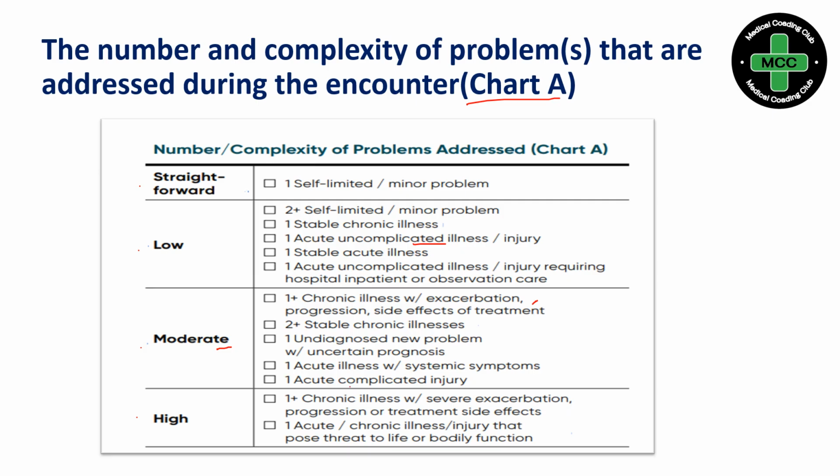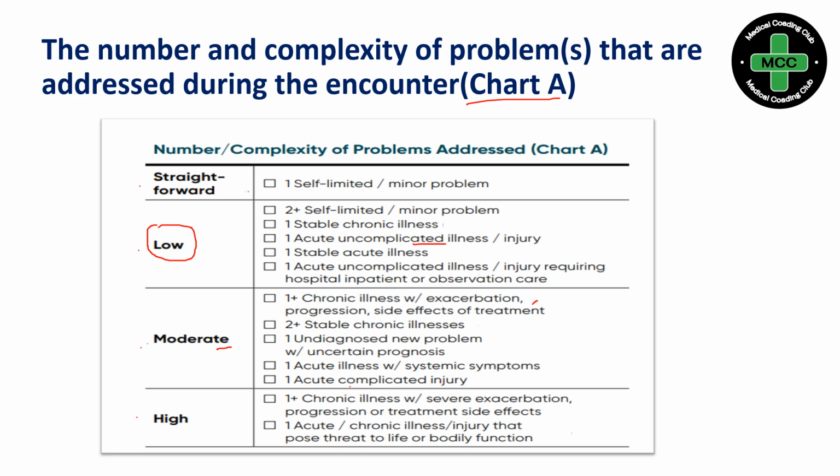It is a moderate level. All of these terms I have already explained, so please go back and check as I said earlier. This is regarding our chart A. It is purely based on what kind of problem is identified, and we just have to check what our problem addressed level will be. Say for example, we will consider our problem as low level.